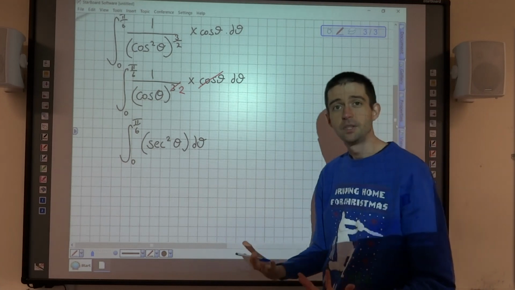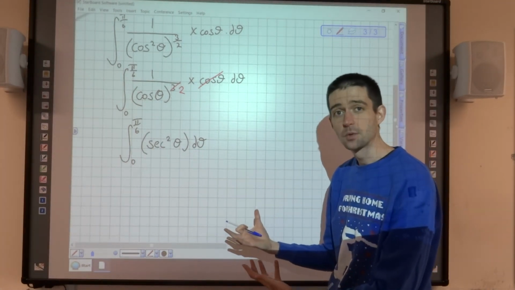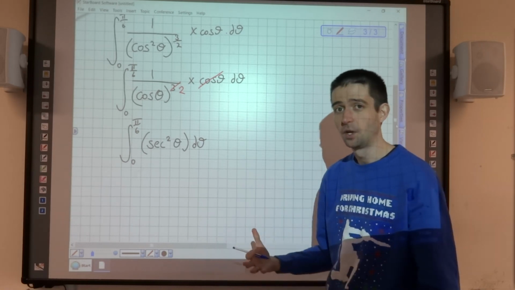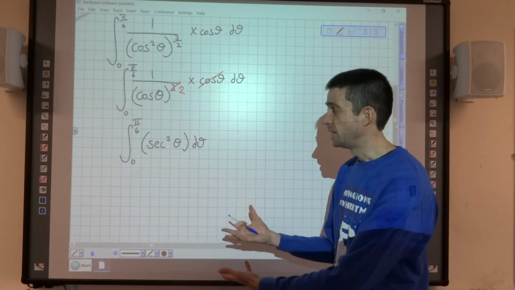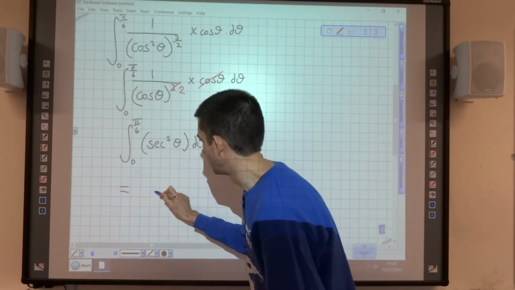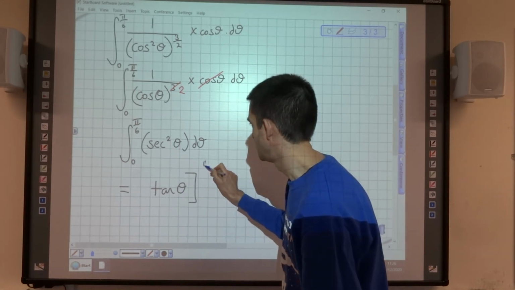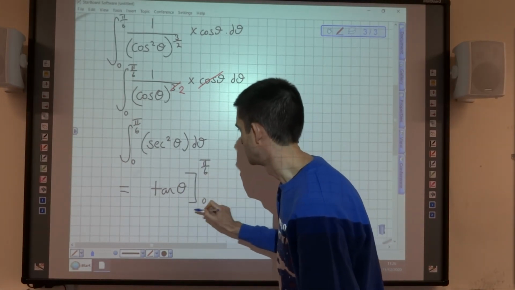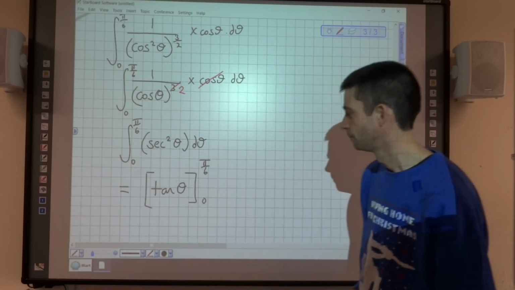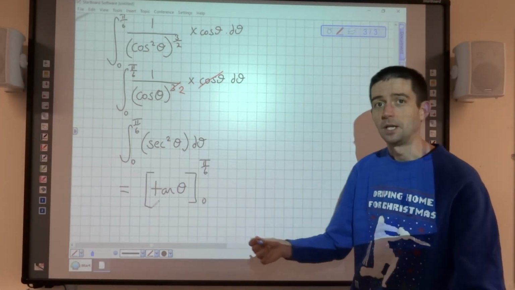And now we have something that we can integrate. It's in the formula book what sec squared theta integrates to. It's worth having a working knowledge of it though. The integral of sec squared theta is tan theta. So what this is now going to come out as is tan theta between our limits of pi over 6 and 0. Substituting in, finding the difference, we'll evaluate this integral.